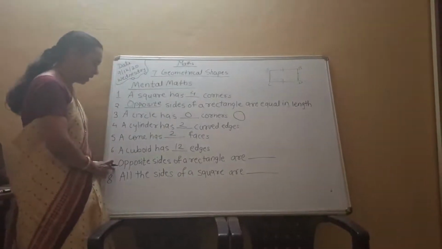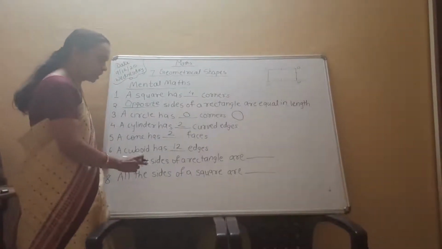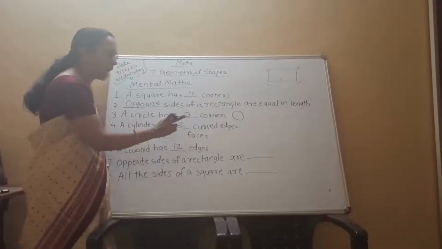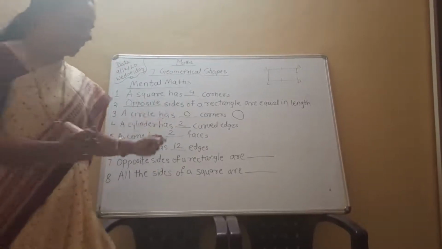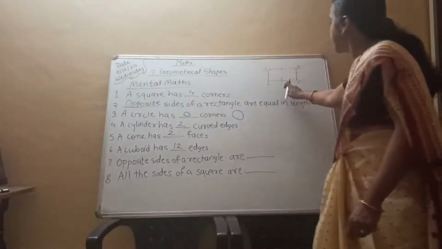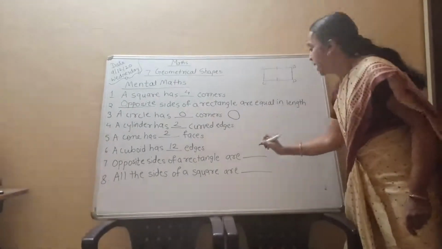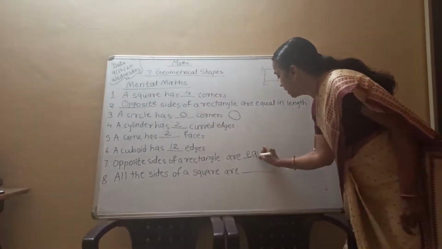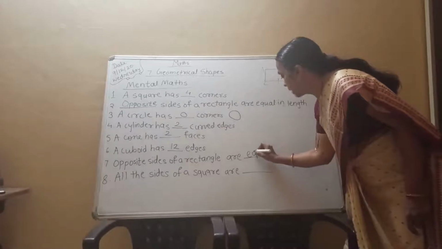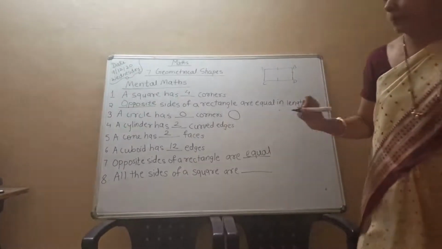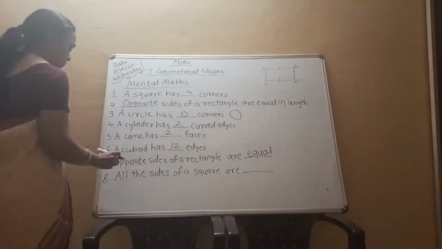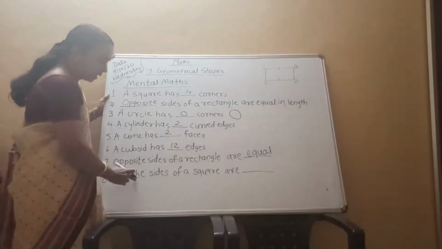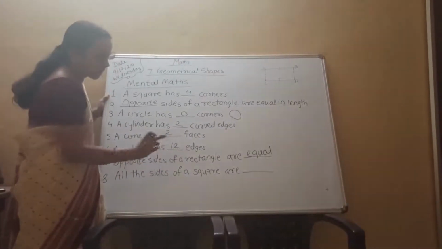Okay. Now see seventh example. Opposite sides of a rectangle are equal. Just I told you, opposite sides of a rectangle are equal in length. So you write down here equal. Now eighth example. All the sides of a square are dash.